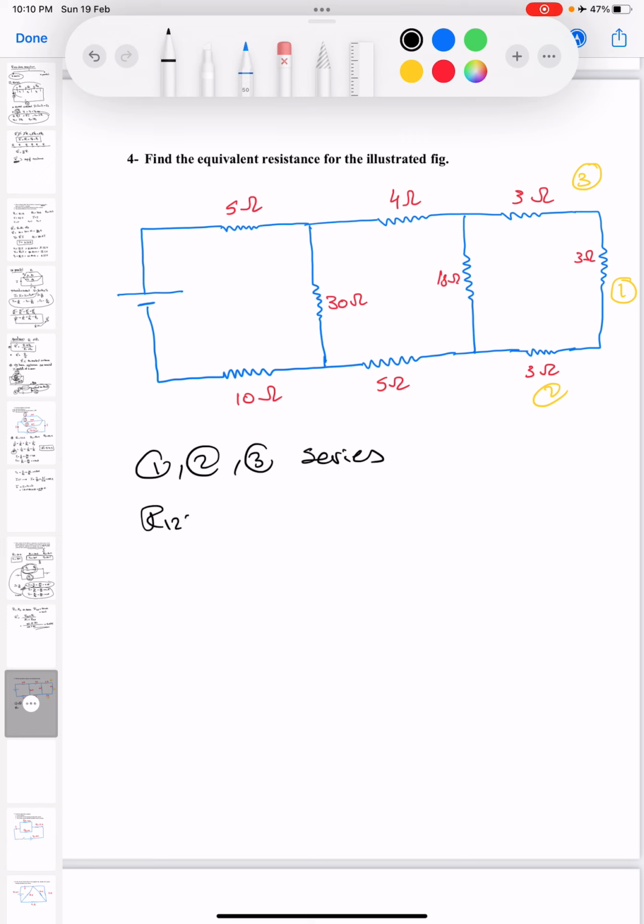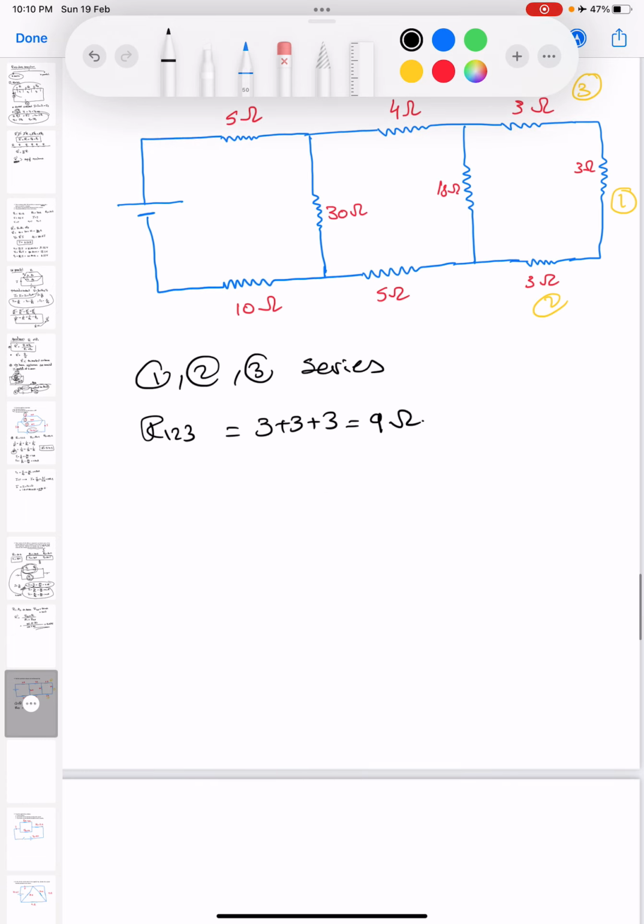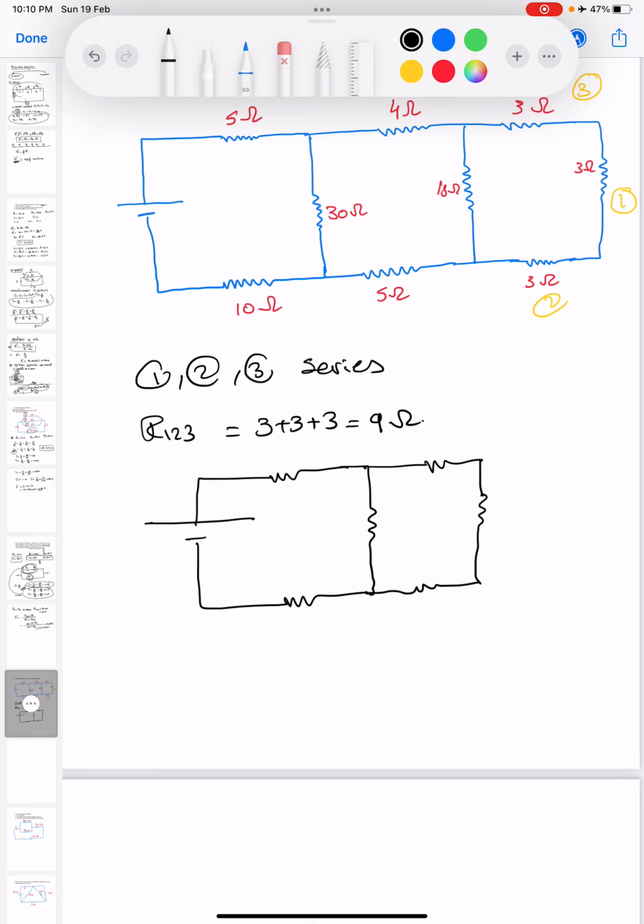So R1,2,3 equals 3 plus 3 plus 3 equals 9 ohm. We can simplify the circuit like that. Okay. This is the total 9 ohm.